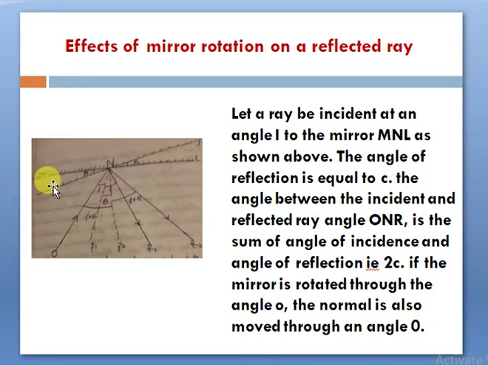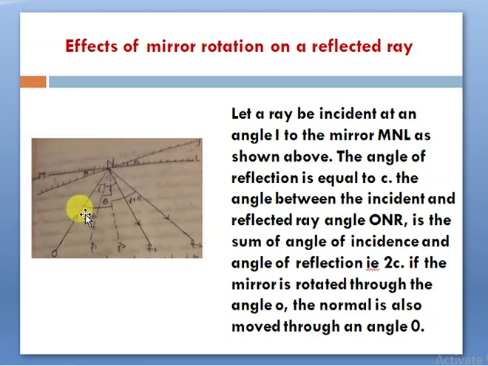Now when we rotate this mirror, here now you have X and Y. You have rotated this mirror through an angle theta. Now remember, your incident ray NO is fixed. Your normal will equally be rotated and you will have a new normal, NP2. Remember the first normal, when the mirror had not been rotated, was NP1.